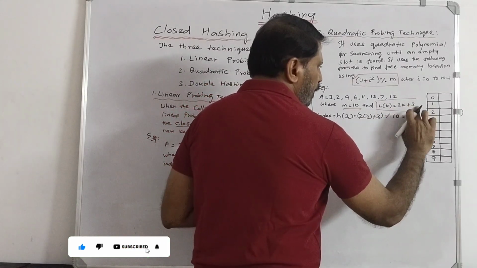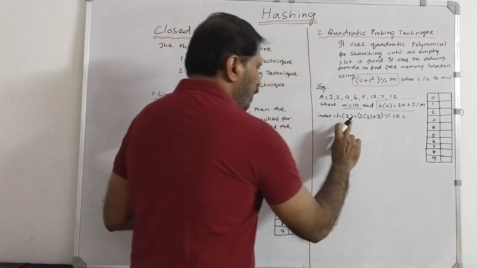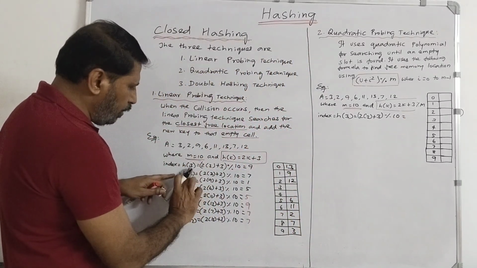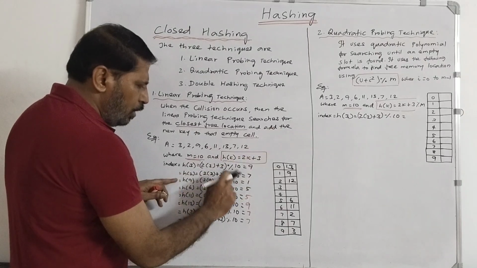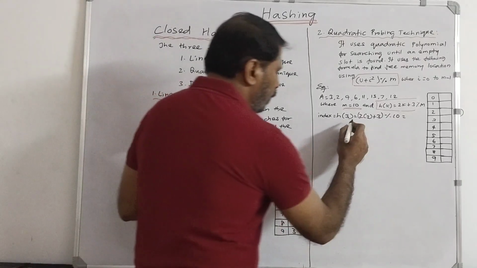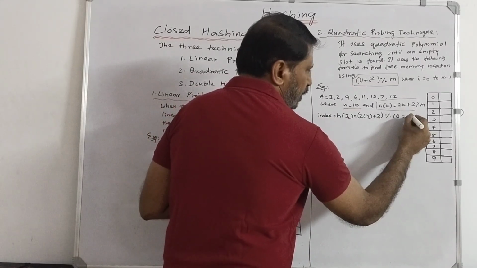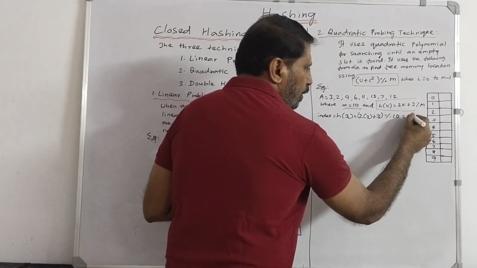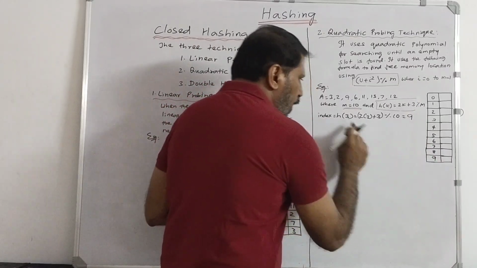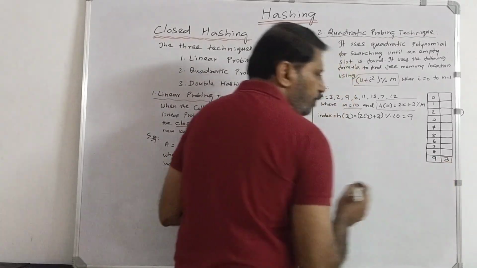This was already done in linear probing. The same we are going to do for the 4 numbers. 2 into 3 is 6, 6 plus 3 is 9. So 9 modulo 10 is 9. In the 9th location I am going to store the value 3.